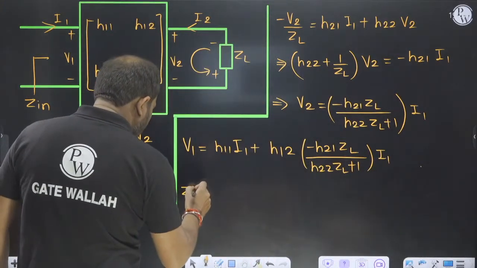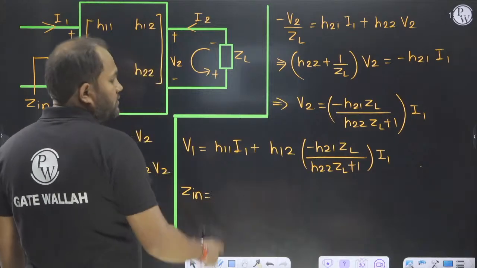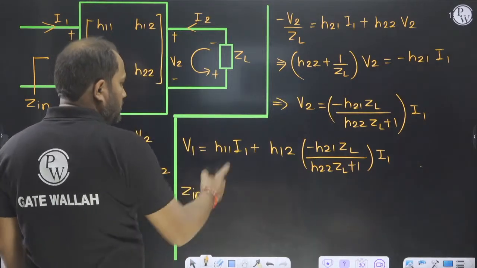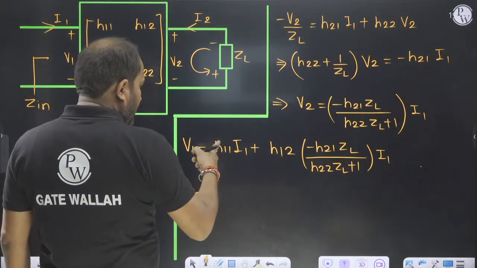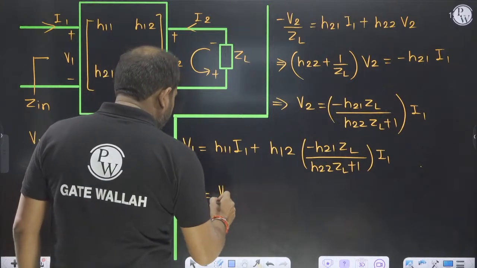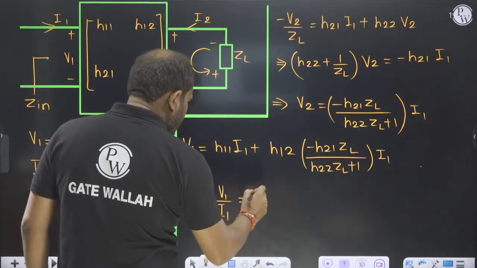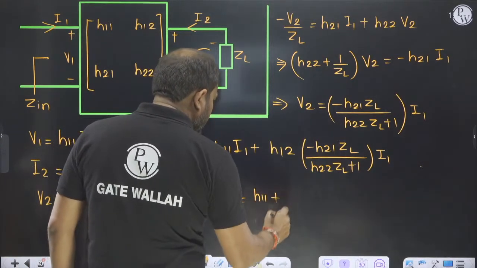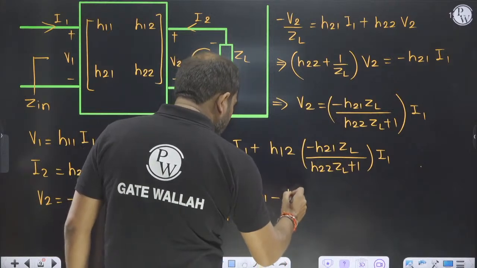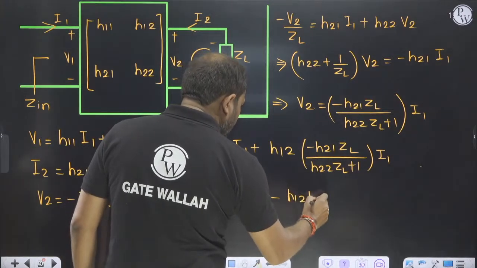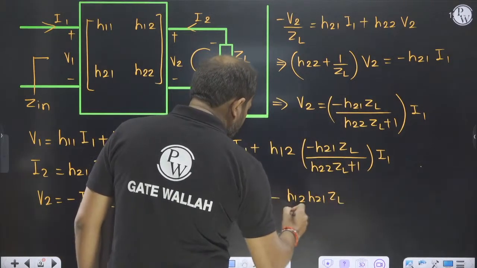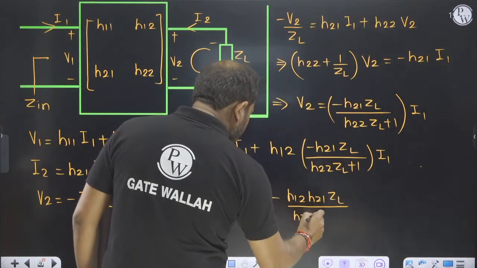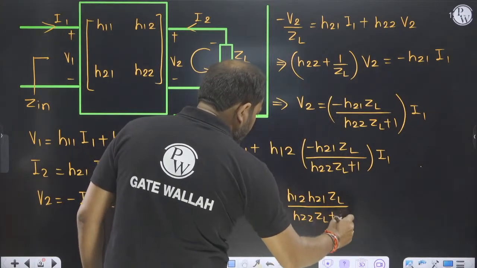So Zin will be written as V1 by I1. So H11 plus minus H12 H21 ZL divided by H22 ZL plus 1.